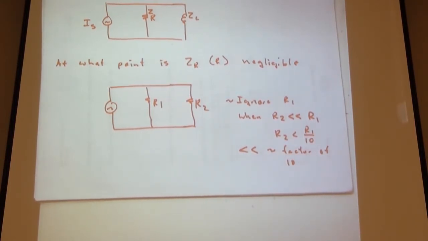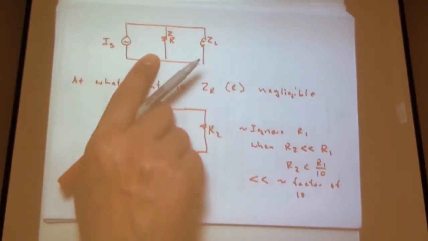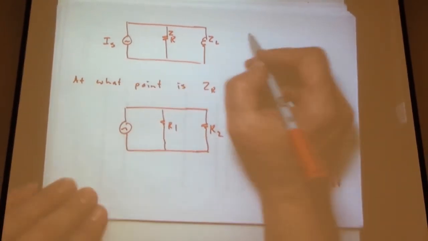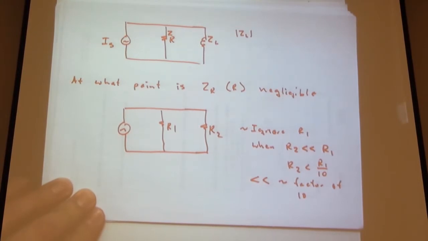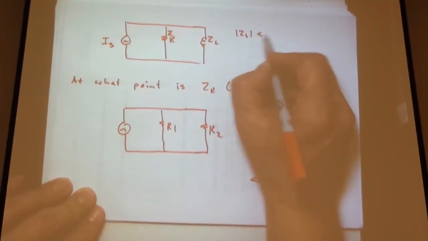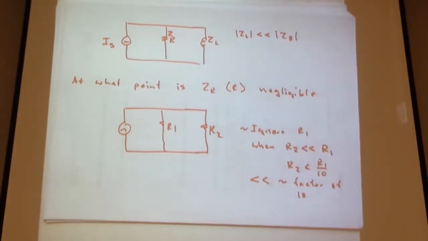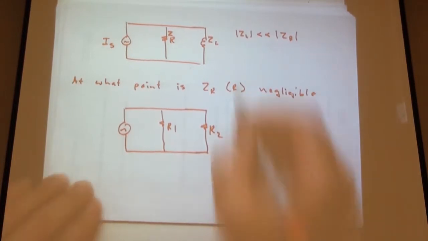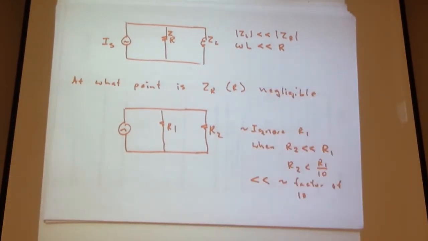On the same token, that was Unit 1, what must be true for ZR to be negligible? Well, we do need to take magnitudes because one's imaginary and one's complex, but the magnitude of ZL much less than the magnitude of ZR. The magnitude of ZR is just R, so that's a little redundant. What we're essentially saying is omega L much less than R in this circuit, right?